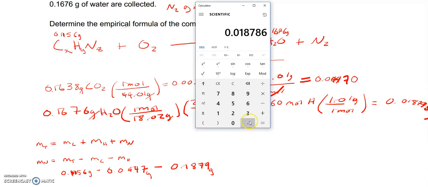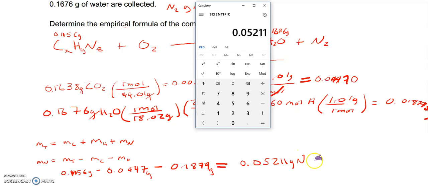Alright, let's do that math. Okay, so that is our mass of nitrogen. 0.0521 grams.